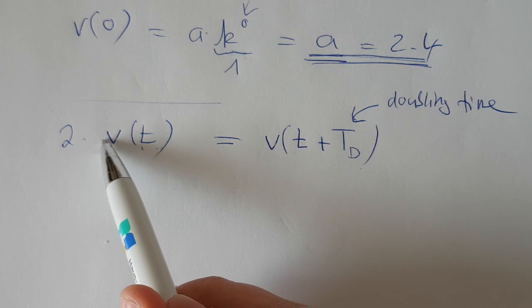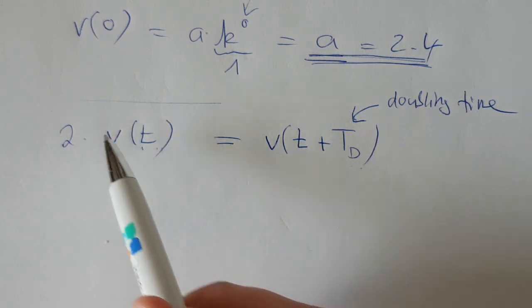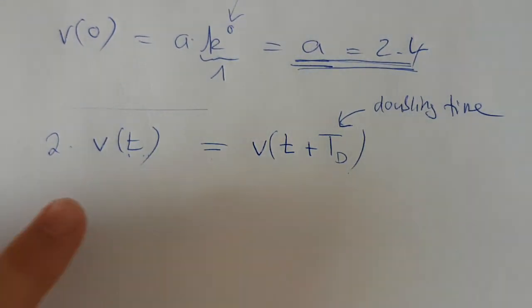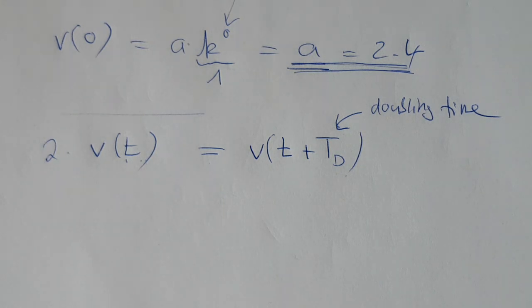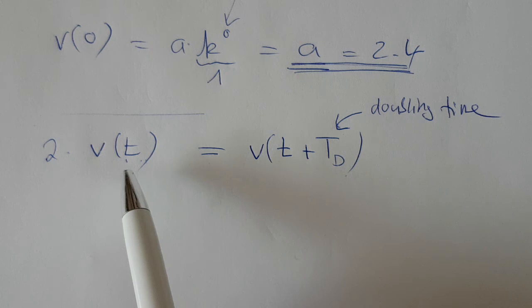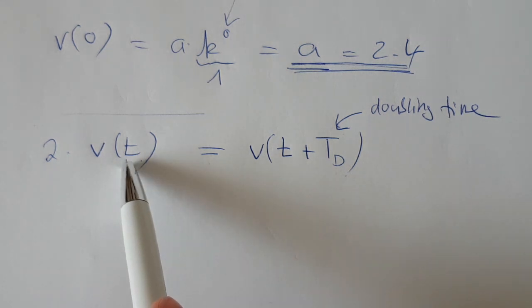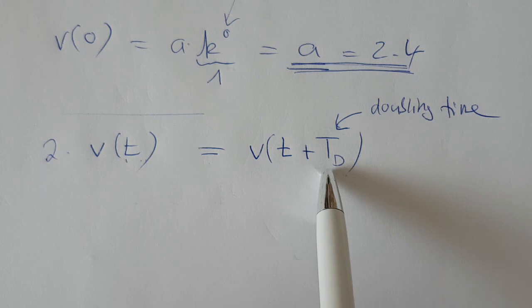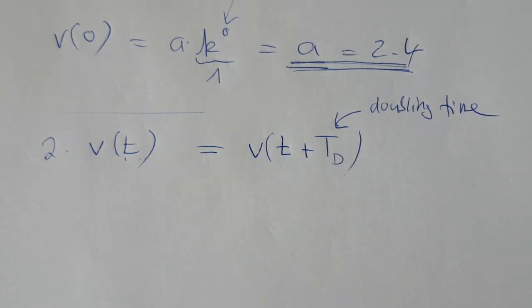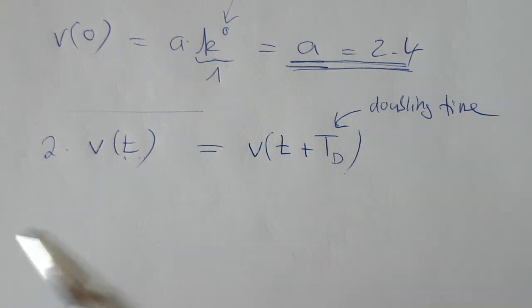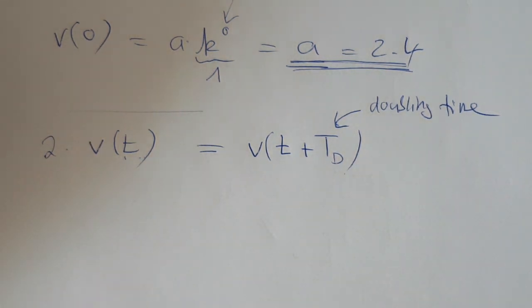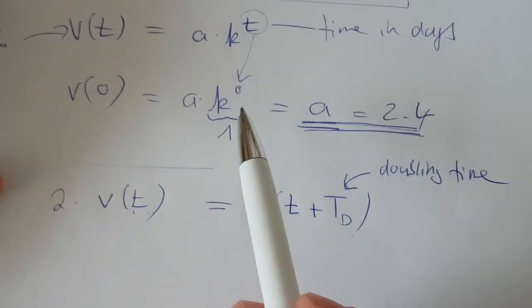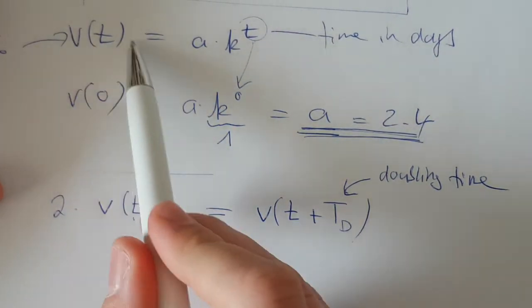So twice this amount of people equals this amount of people, and this is the general formula for how to find k. If we have a point in time and then we go on TD days, the doubling time number of days, we have double the number of vaccinated people. Now we can plug in our general formula for v of t.